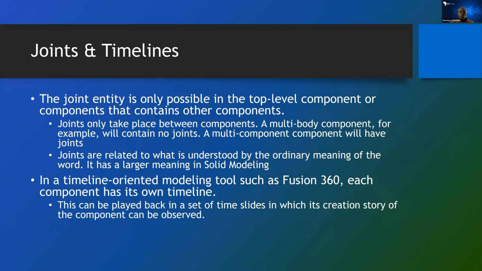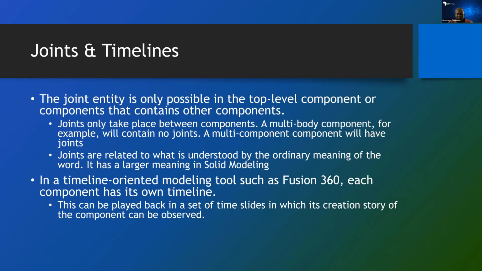If all your components are simple components, that is, they do not contain other subcomponents, that means all your joints will be present only in the top level component, because a joint can only create a relationship between components. So a multi-body component, a component that has several bodies, will contain no joints, whereas a multi-component component will have joints.